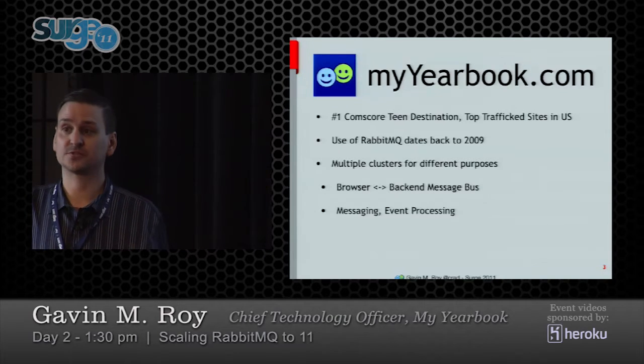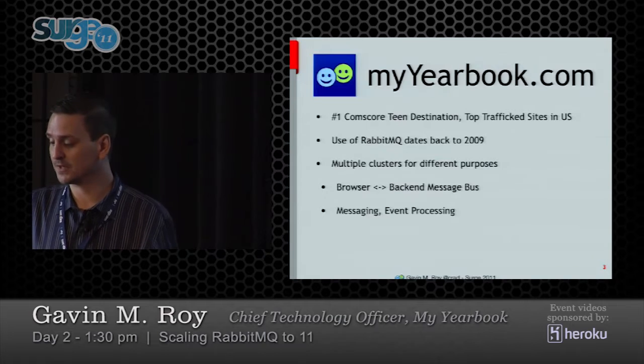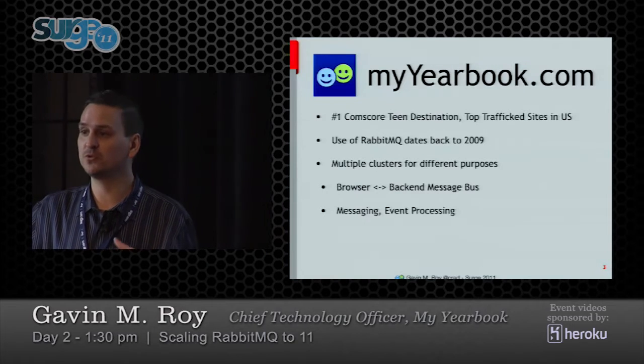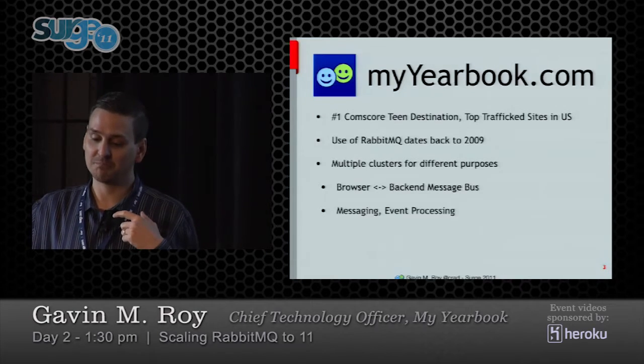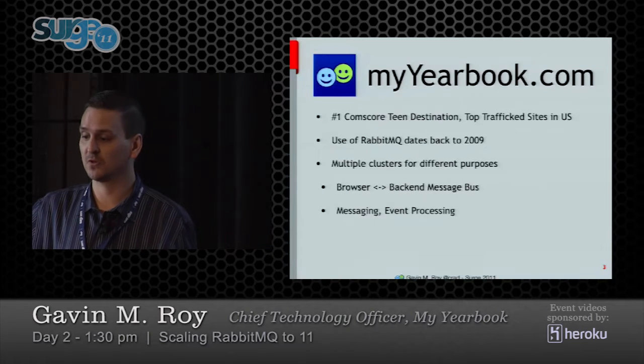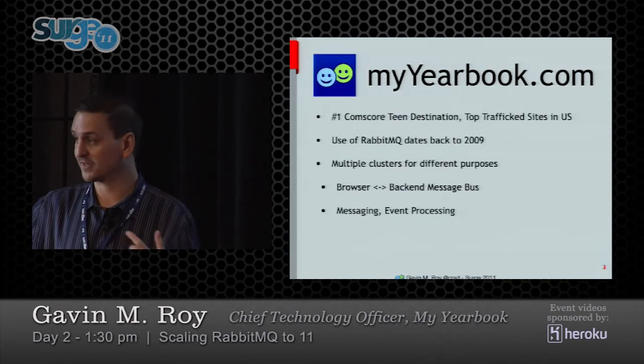We use multiple clusters of Rabbit for many purposes, everything from messaging to our users, so as a way for our internal systems to put messages into a system that generates emails and SMS messages that go to our users, for a message bus that ties our user experience within the browser to our back-end messaging system, and also for event processing of all sorts of different types.